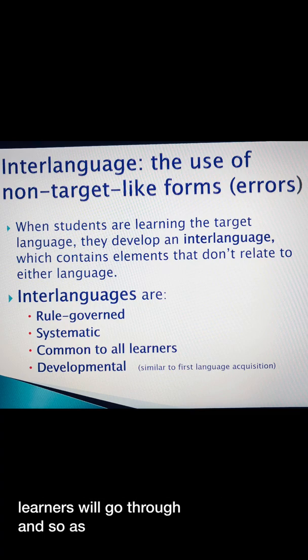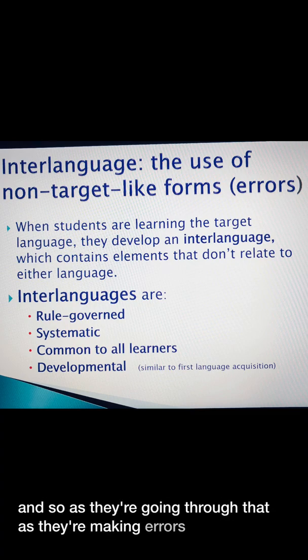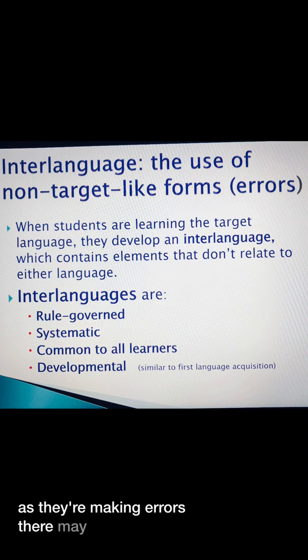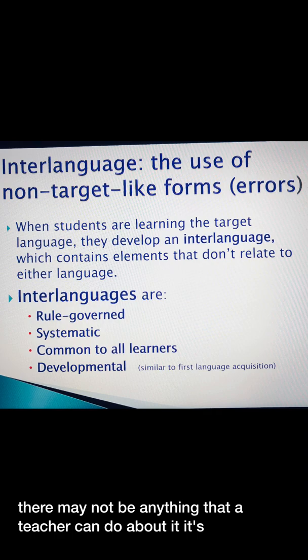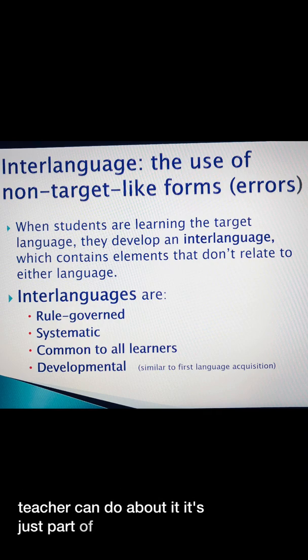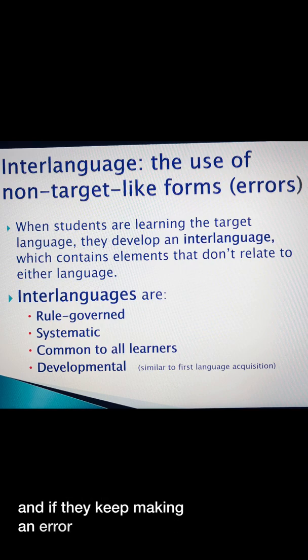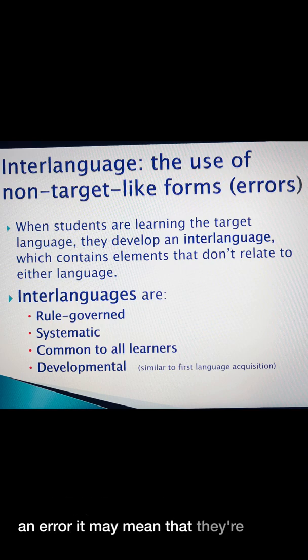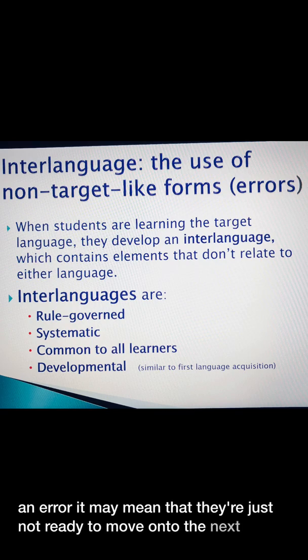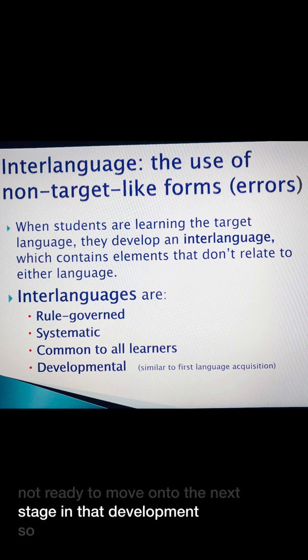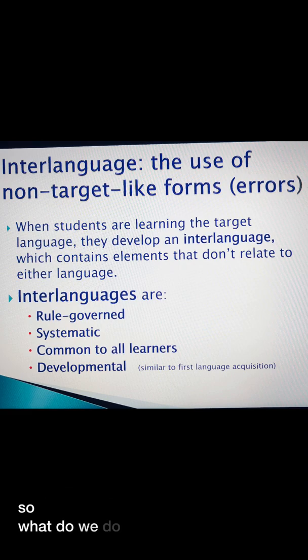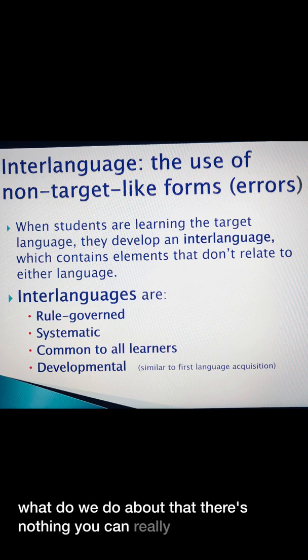And so as they're going through that, as they're making errors, there may not be anything that a teacher can do about it. It's just part of their language development. And if they keep making an error, it may mean that they're just not ready to move on to the next stage in that development. So what do we do about that? There's nothing you can really do about that.